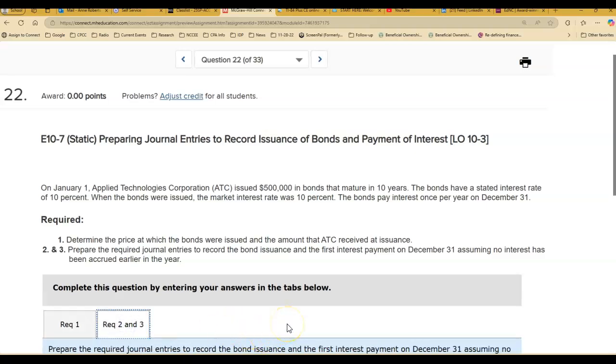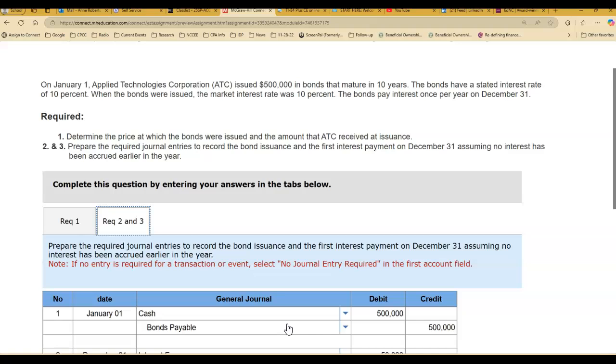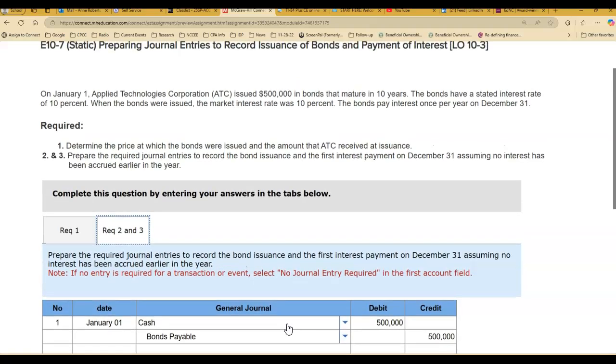So if they were issued at face value, how much cash did we receive? 500. Okay. So then there is your cash amount that you received, $500,000. Bonds payable goes on the books at $500,000.